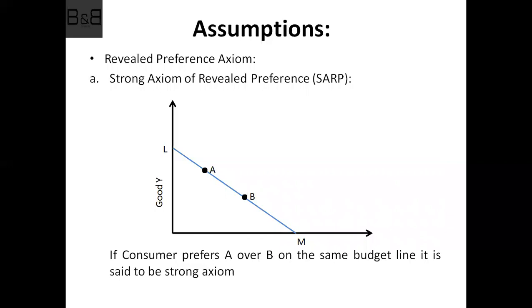This axiom states that whenever a consumer has a choice over two bundles which lie on the same budget line, as you can see in the figure, A and B lie on the same budget line LM, the consumer will prefer bundle A to B. That is, even though B is economically affordable to the consumer, he will always choose bundle A. Then this is called the strong axiom of revealed preference.